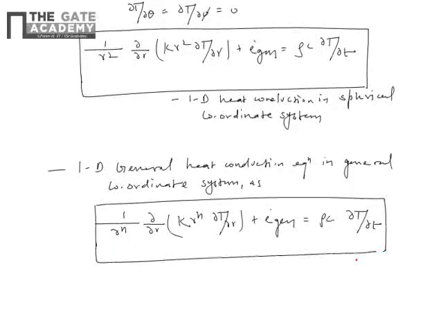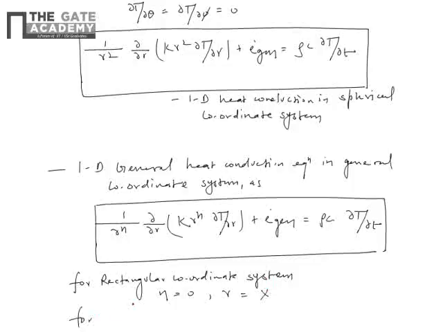So for rectangular coordinate system, n is equal to 0 and r will be equal to x.